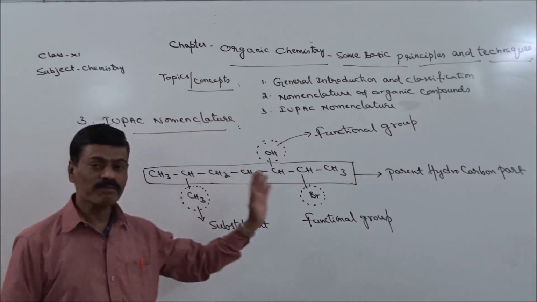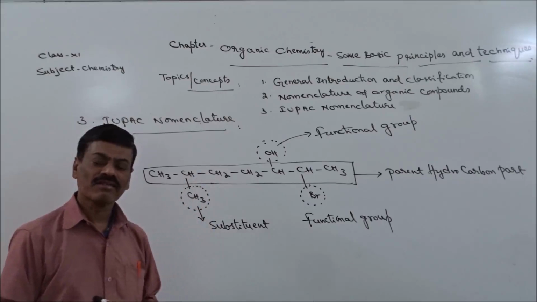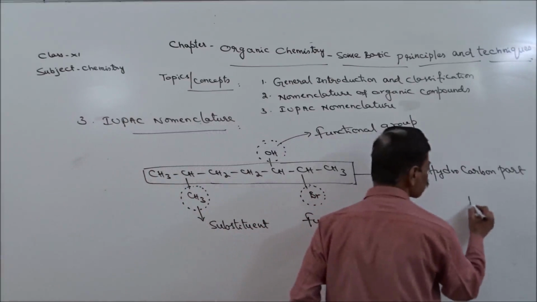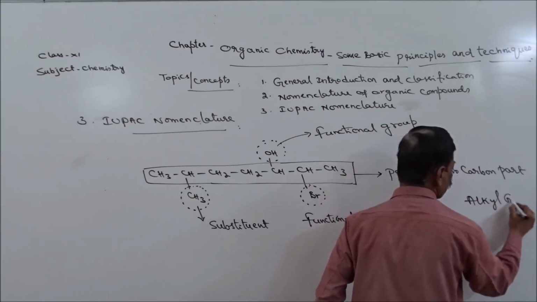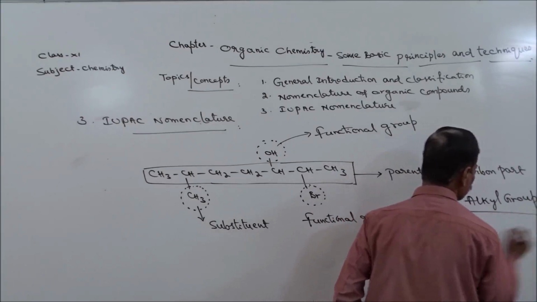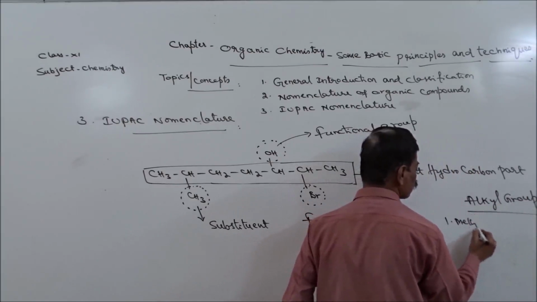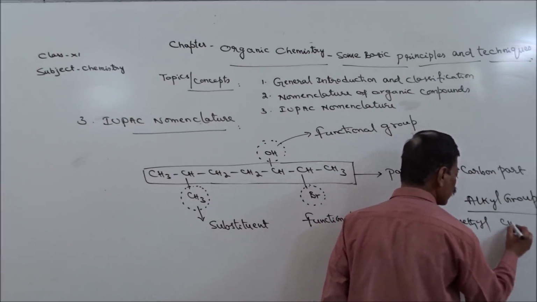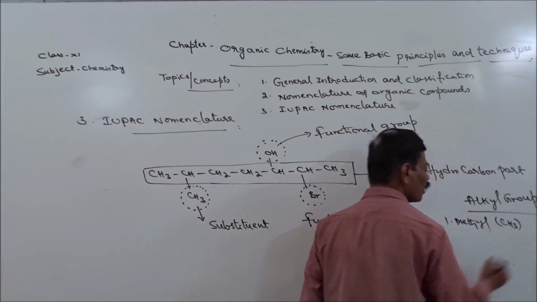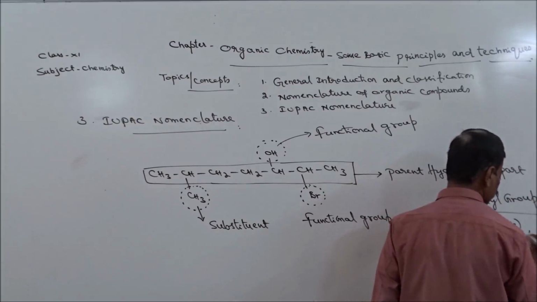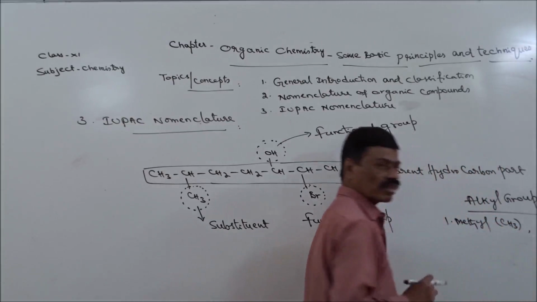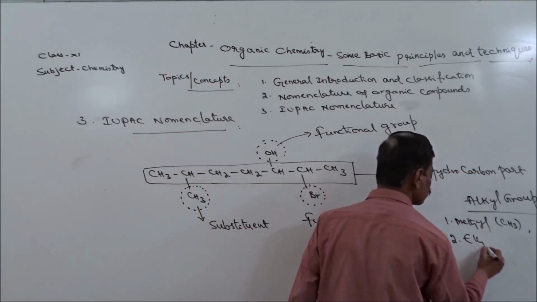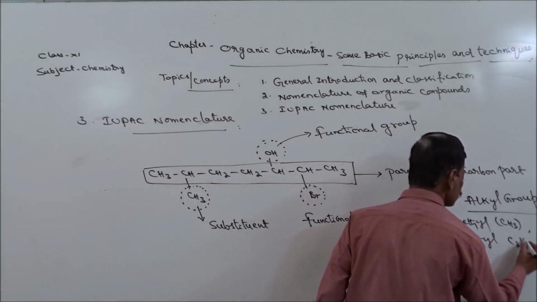So here in this example or in any example, when an alkyl group is connected to the parent hydrocarbon, alkyl group means it can be methyl, whose formula is CH3, abbreviated as Me for methyl. Number 2, ethyl, that is C2H5.